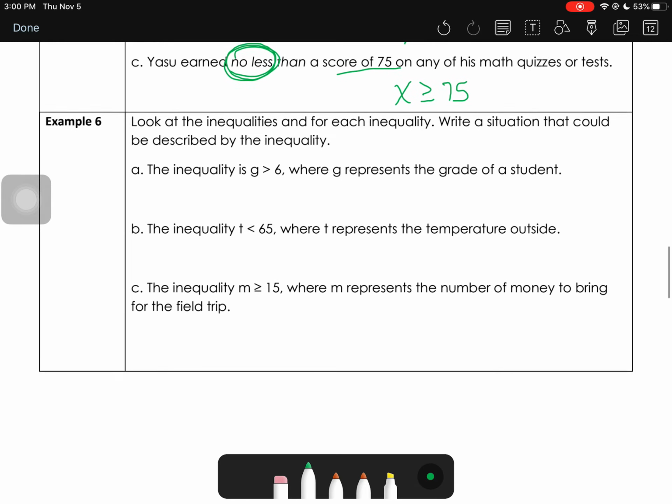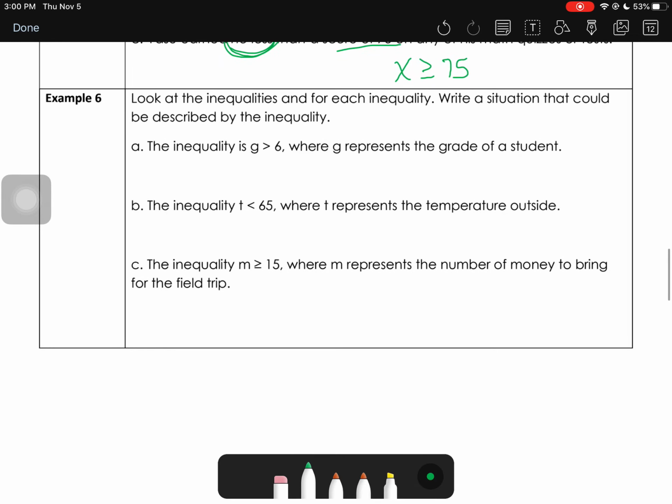Look at the inequalities, and for each inequality, write a situation that could be described by the inequality. The inequality says G is greater than 6, where G represents the grade of a student. So the student's grade was more than 6.